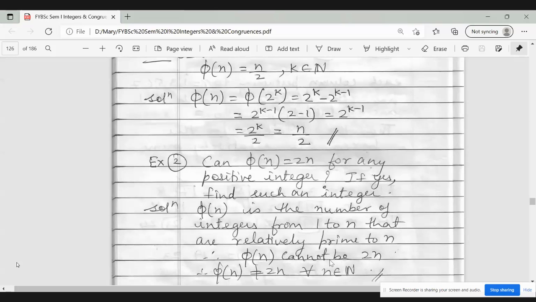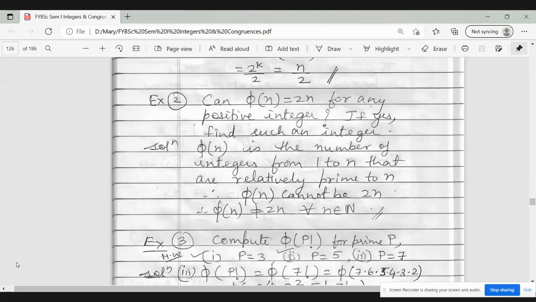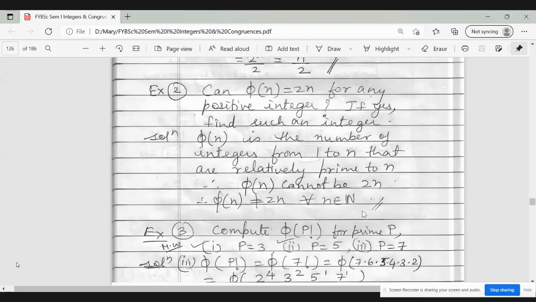We are counting the numbers from 1 to n only, so phi of n can never be 2n.